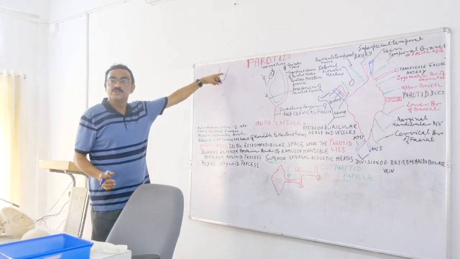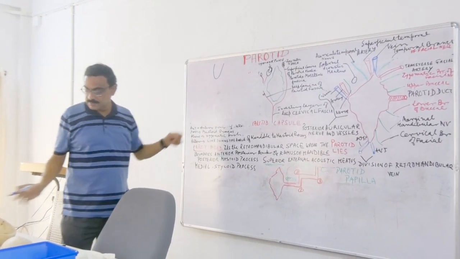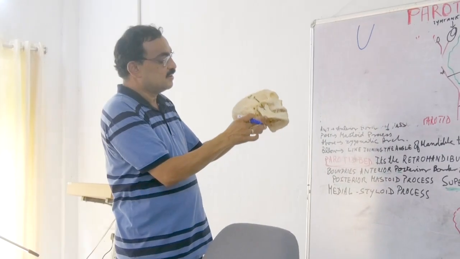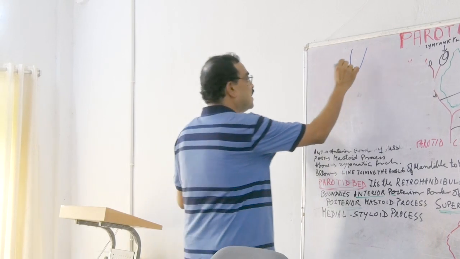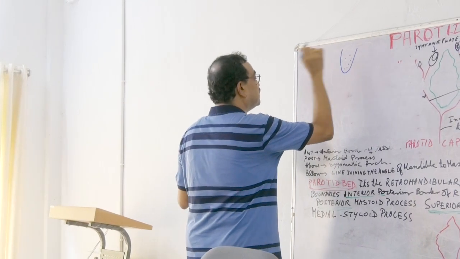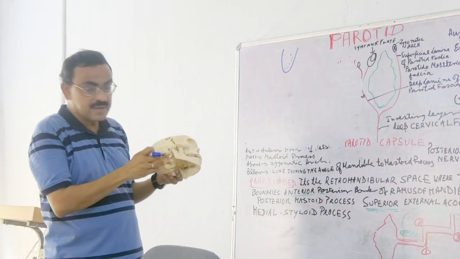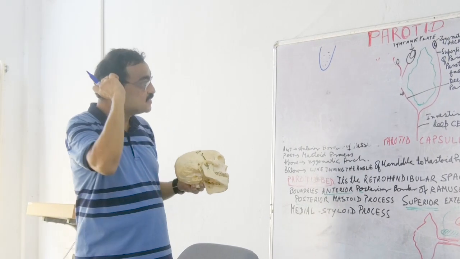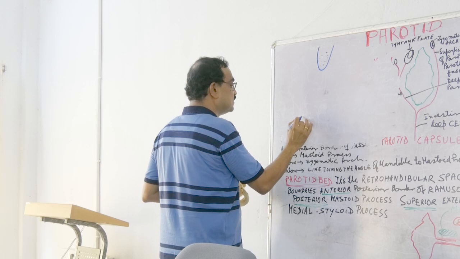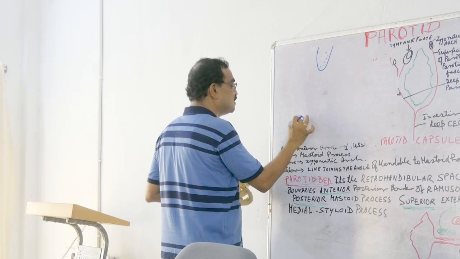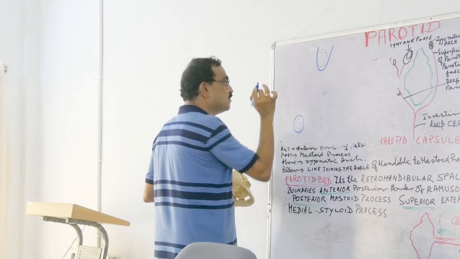In front there is one bone, that is the ramus of the mandible. So this is a bone. And behind there is the mastoid process. Clear?